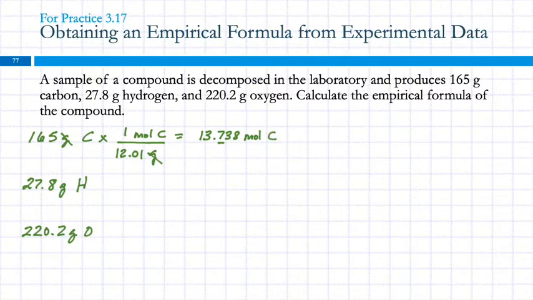So we're going to do the same process with the others. We've got moles of hydrogen, grams of hydrogen. I look up the molar mass, it's 1.008. So I've got 27.8 divided by 1.008.